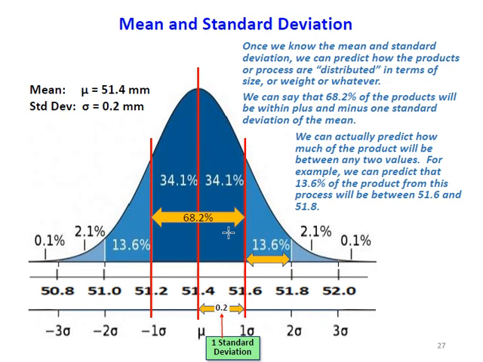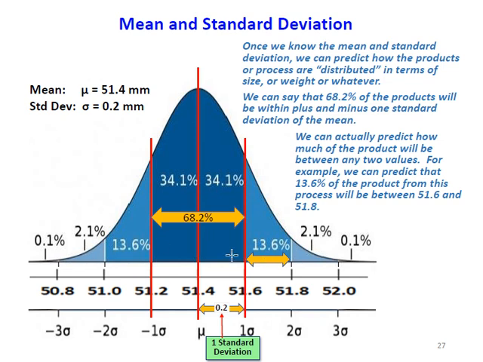So this area over 100 is going to give you 68.2%, and that is going to be within plus, which is up, and minus, which is down, 1 standard deviation from the mean.